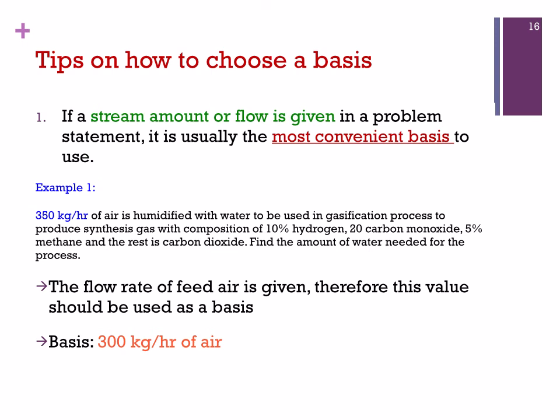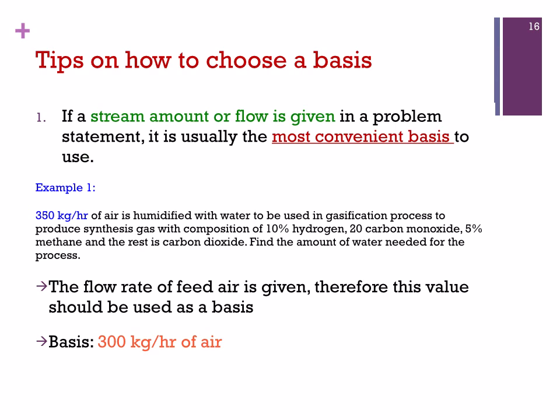So you need to find the amount of water needed for the process. Therefore, to find the amount of water, which is the unknown, you should use the flow rate of air given, which is 350 kg per hour of air, which is your basis.